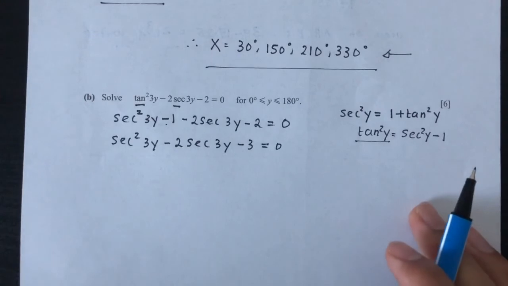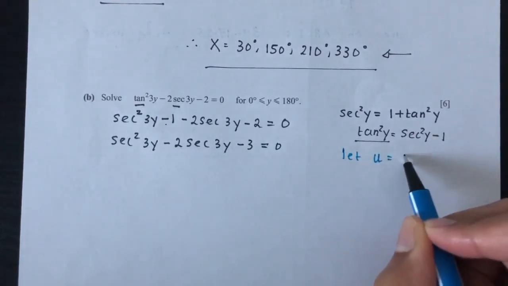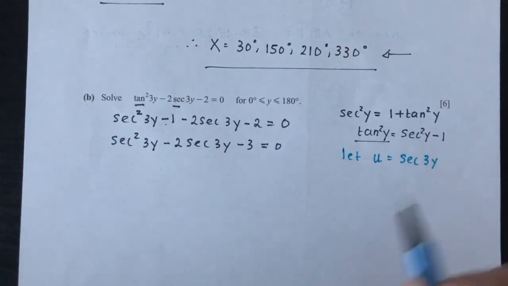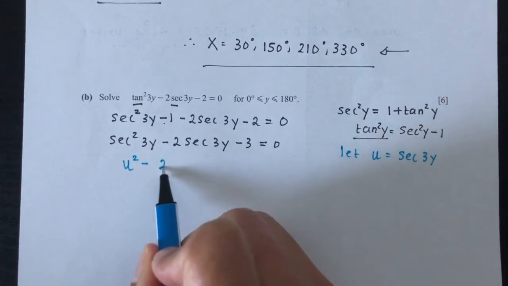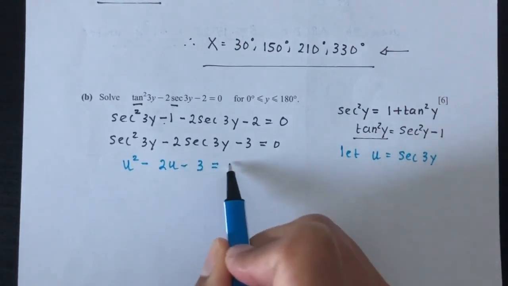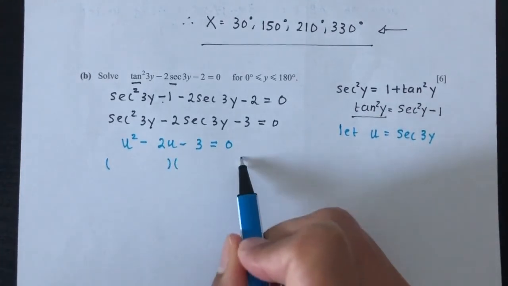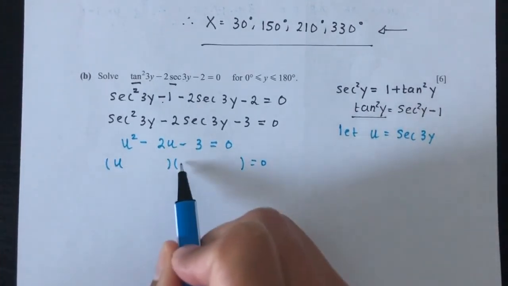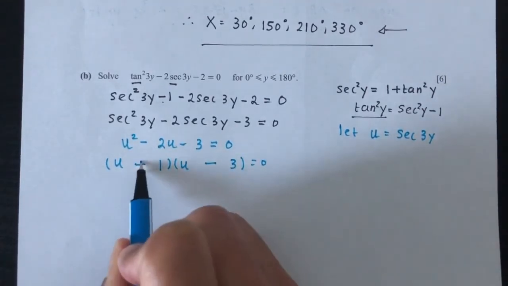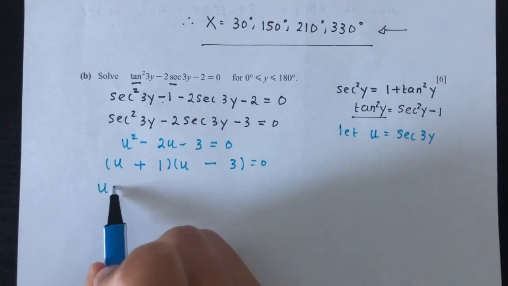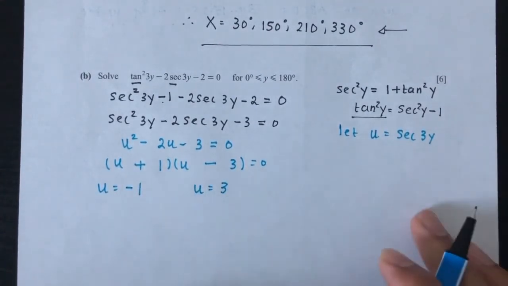Let's replace, let u equal to sec 3y, so it is easier for you to solve. So here you will have u squared minus 2u minus 3 equal to 0. Now you can easily factorize. You will have u times u. 3 is 3 times 1. So to get minus 2, we have to do minus 3 plus 1. So u becomes minus 1 or u becomes 3.